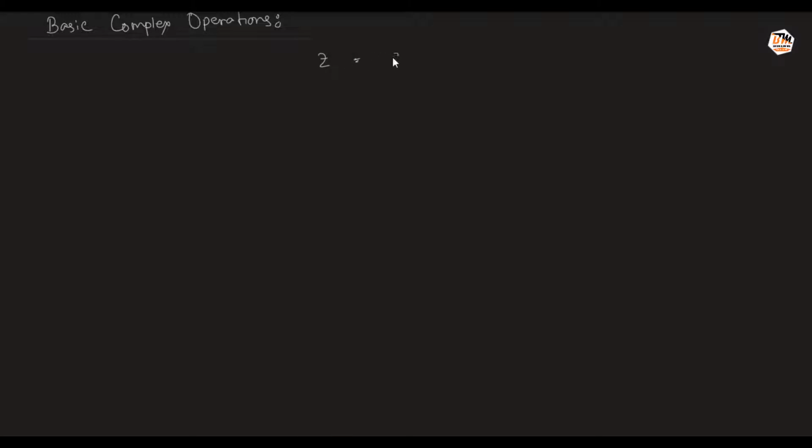That is, if a complex number is z equal to a plus ib, then the conjugate of z is represented by z bar equal to a minus ib. We simply change the sign before i, so plus becomes minus. So the conjugate of z is z bar.